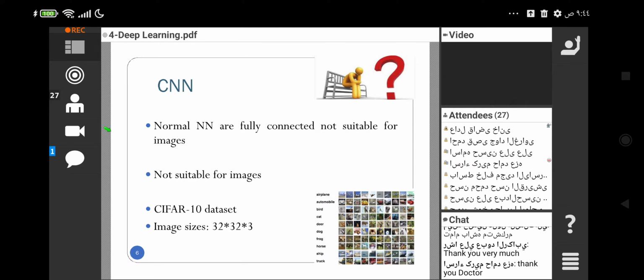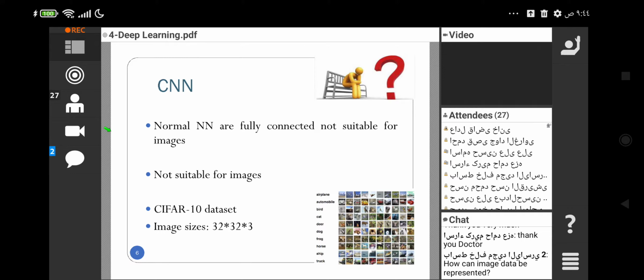And what do we want to do? We want to classify these images, so we want to design a classifier for classifying them.